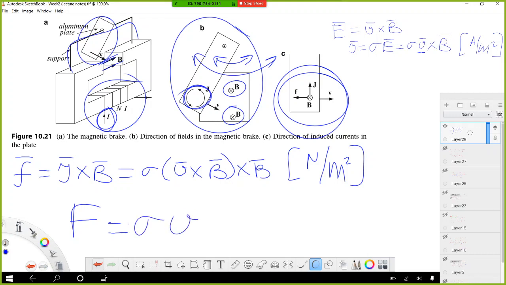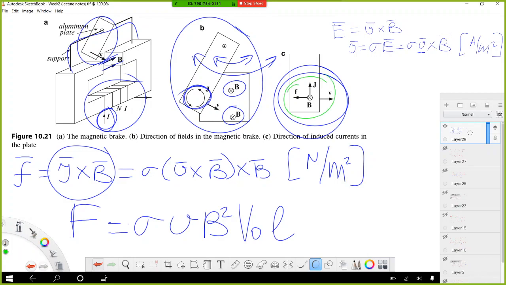sigma V B squared multiplied by V0 L, and its direction is given by the cross product of J and B. In other words, if we look at our figure here, its direction is to the left, which is opposite from V. Okay, this is also obvious.